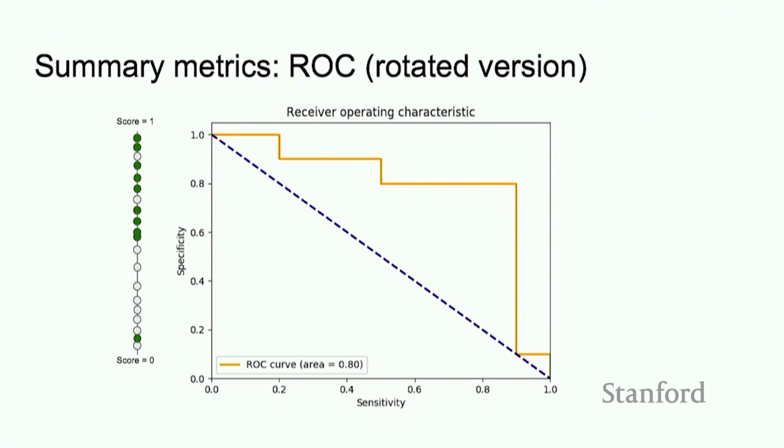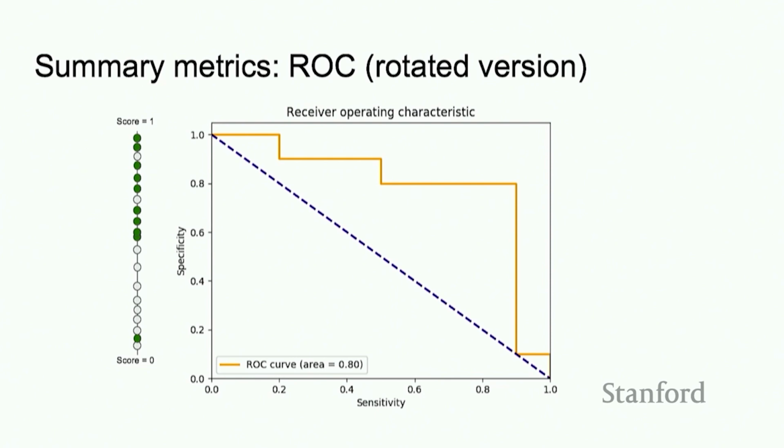That corresponds to the top left corner. Your sensitivity will be 0, but specificity will be maximum. As you keep scanning your threshold down towards 0, you start exploring all these other points.